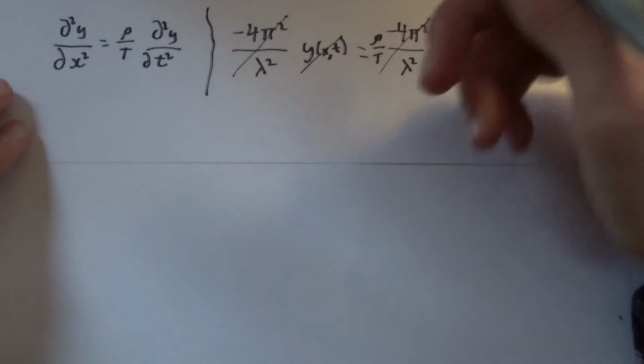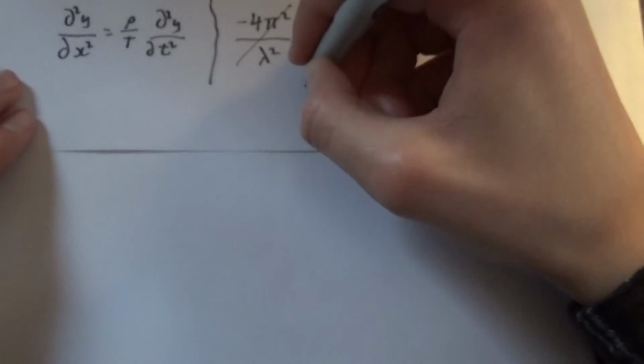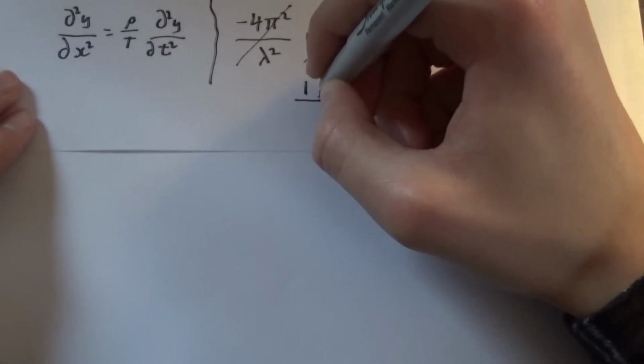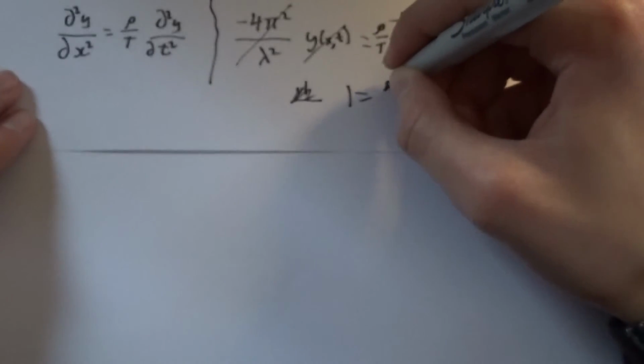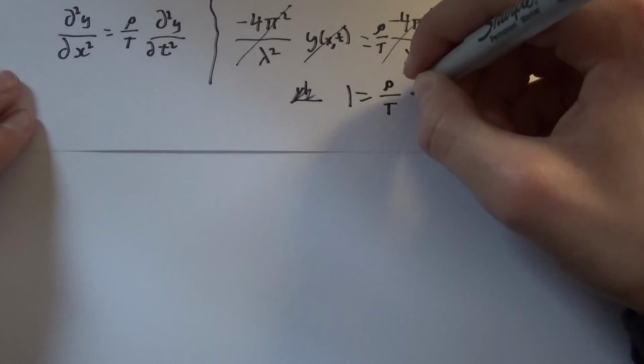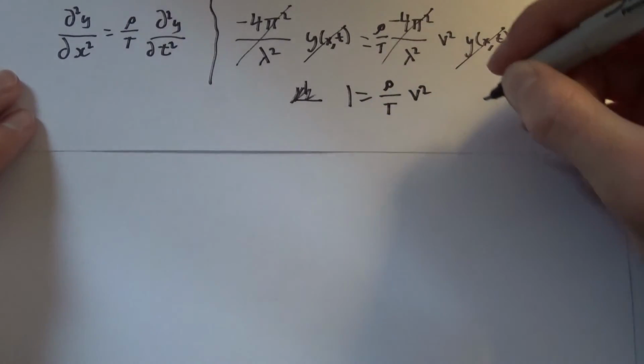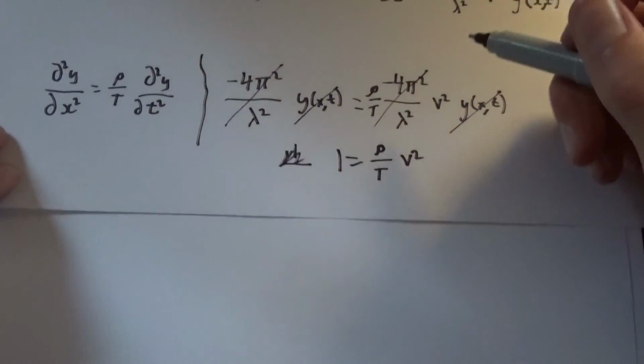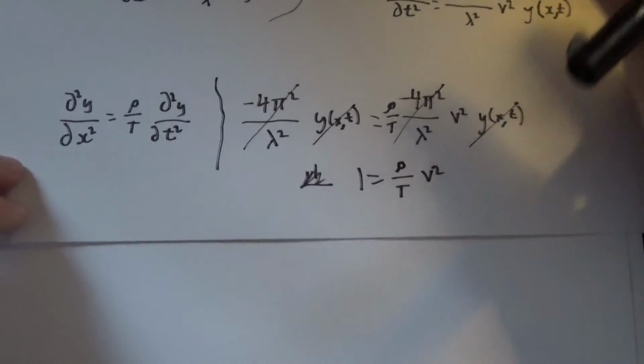So what we essentially get at the end of this is 1 equals rho over T times v squared. And now we've simplified this tremendously. So now we're going to solve for v.